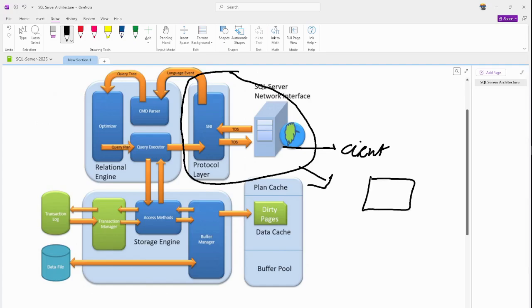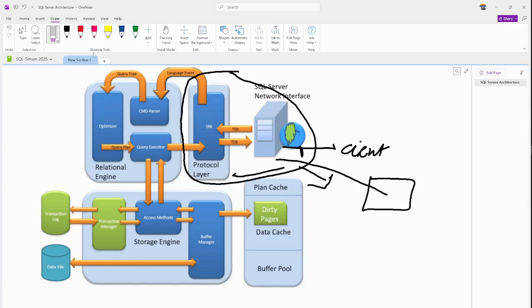So this is your client, and you are going to connect through the TDS protocol. Okay. So it is going to handle your request and results. This is what you will have as basic connectivity. So that will be our first layer.